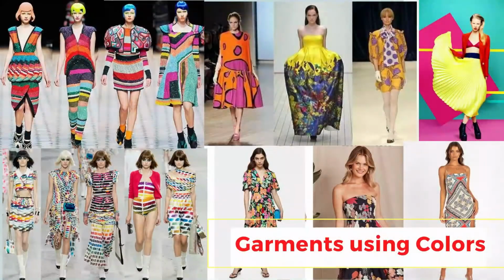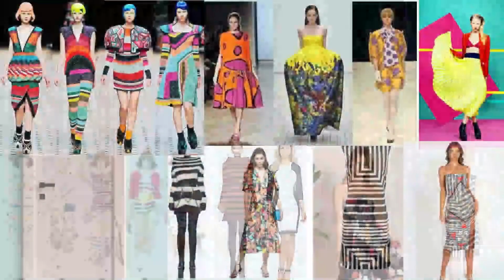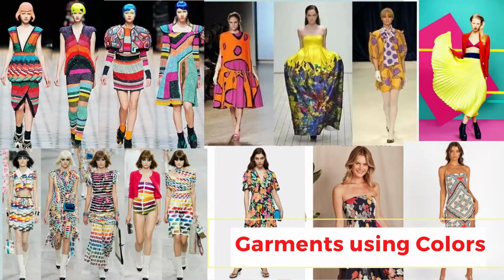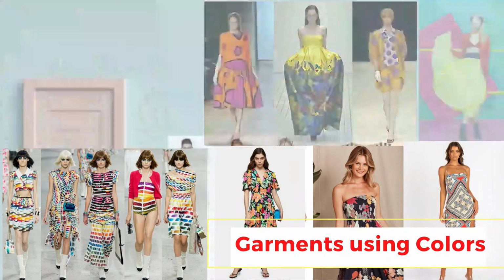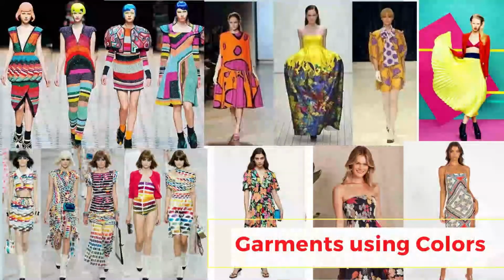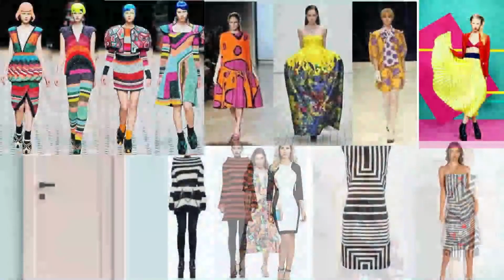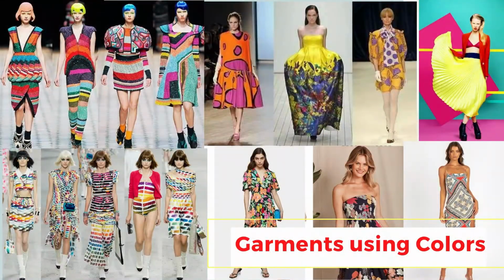Color can help us focus on one part and also deviate from that particular part. So the use of color is very important in clothing. For example, if we are using a garment which has subtle colors with a pop of color, our intention is to focus on the pop of color.